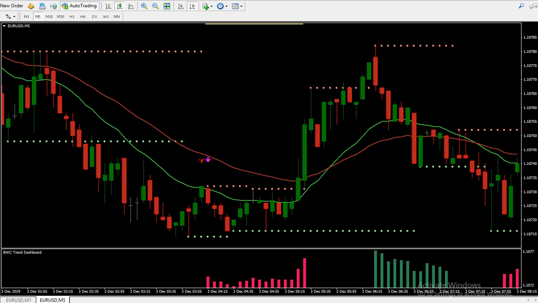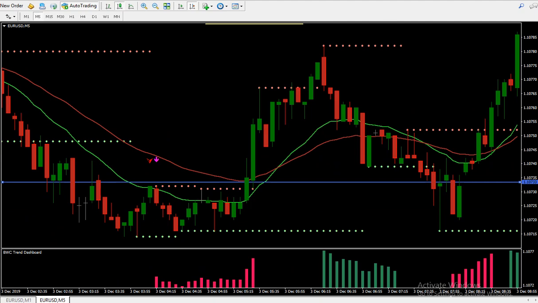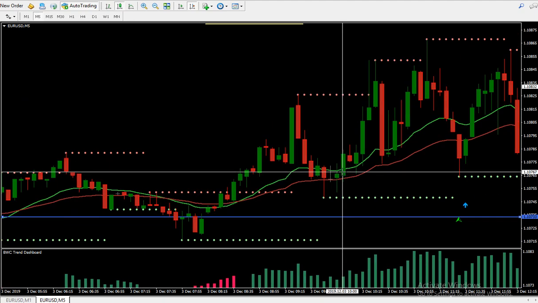I know this one would be traded if you knew this is a resistance or a support right here, and how to exactly draw it, because I need to touch as many of these candles as possible. This one would have been an appropriate setup in a ranging market. This is a ranging market.